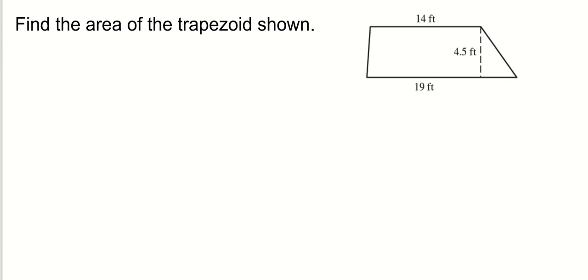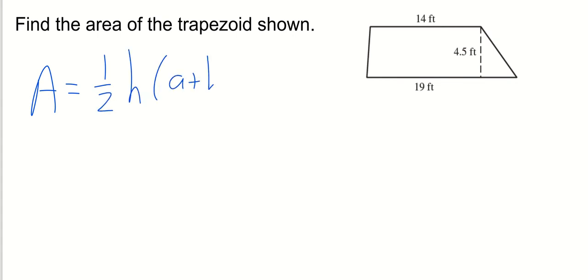Let's see if we can find the area of this trapezoid. So I recognize the shape, immediately write down the formula, 1/2 times h times a plus b. For this trapezoid, the height, that's the distance from a vertex to the opposite side intersected perpendicularly.